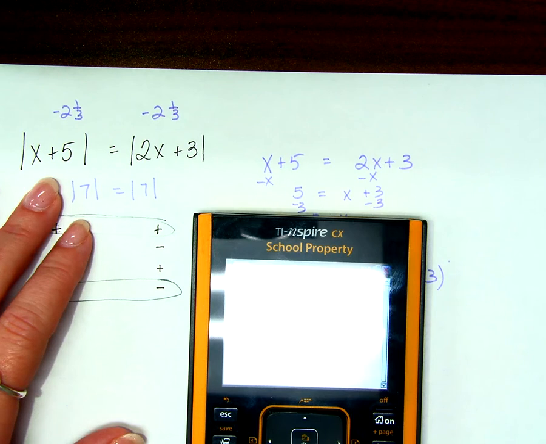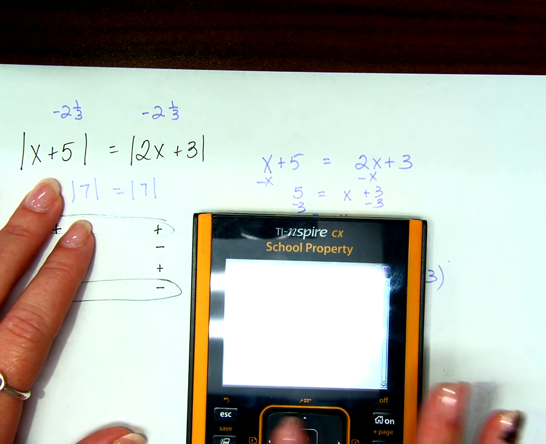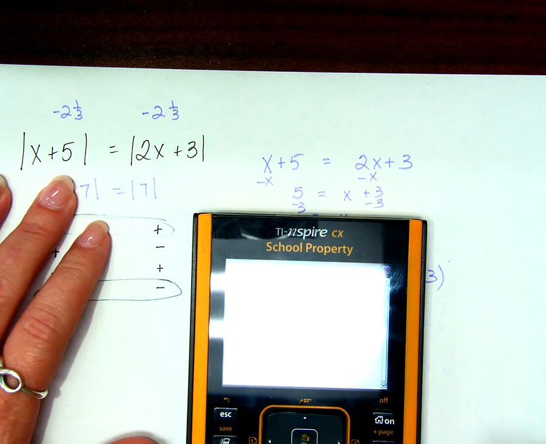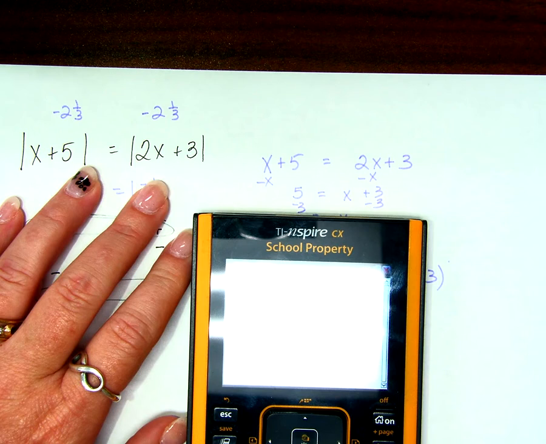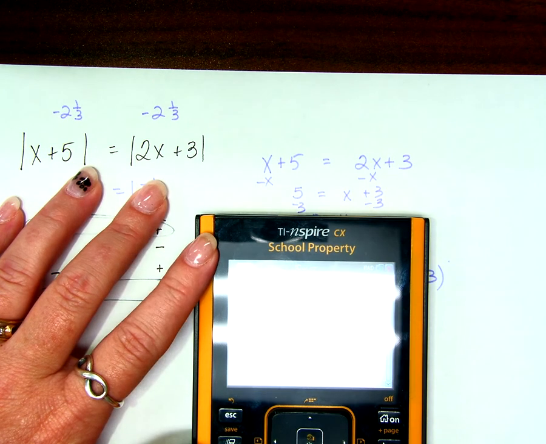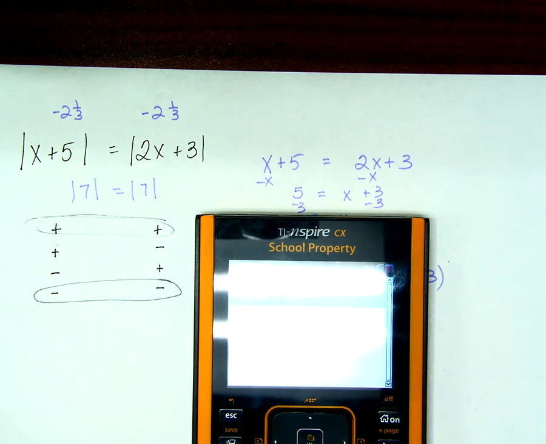So, negative 8/3 is what I got, right? Negative 8/3 plus 5 equals 2 times negative 8/3 plus 3. Oh, you can't see that at all.